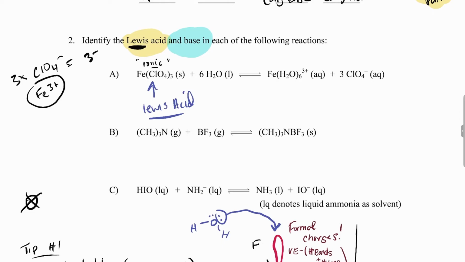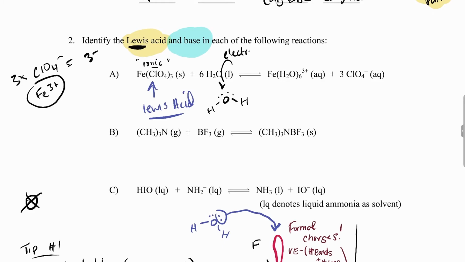Now, what's the Lewis structure for water? Well, it would just be what we drew before, the bent structure here. We can see that it has readily available lone pairs, or electron pairs, that it can donate.